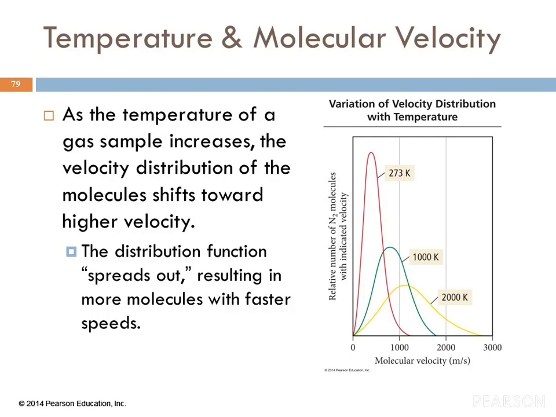If we look at one gas and increase the temperature, we also see that the sharp curve at 273, which would be 0 degrees Celsius, as we go up in temperature, it also broadens out. The velocities increase, but the curve also spreads out.